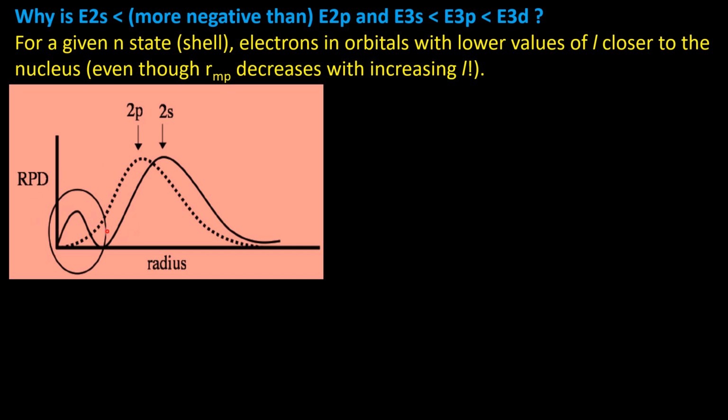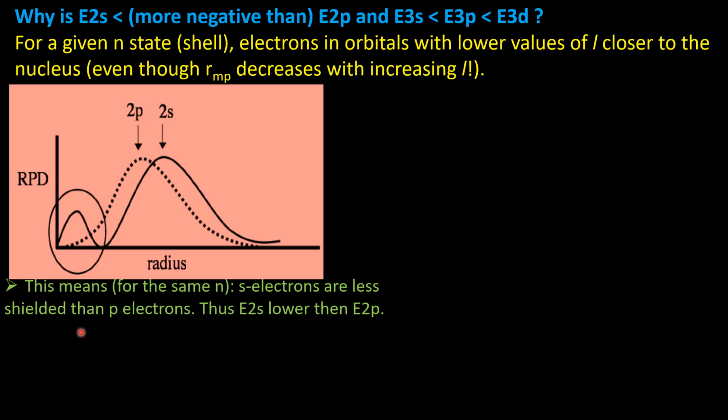So 2s experiences less shielding, less screening as compared to the 2p orbitals. So the 2s orbital has a more negative binding energy as compared to the 2p orbitals. So the energy of 2s is lower as compared to the 2p orbital.